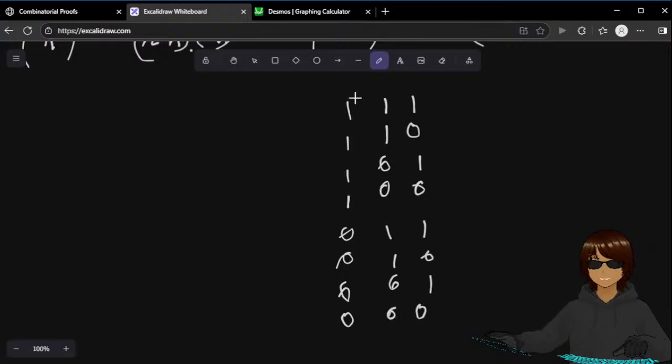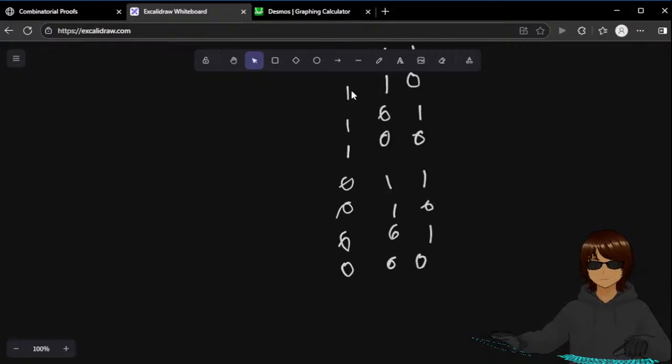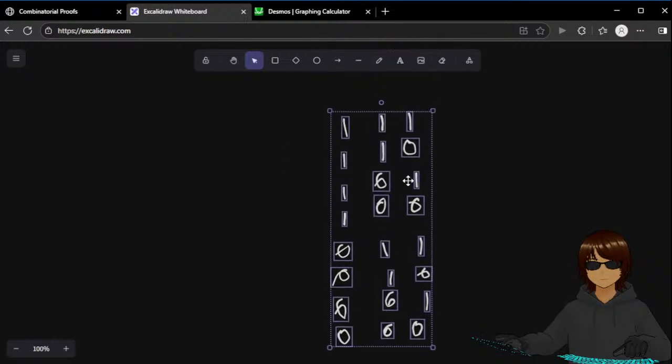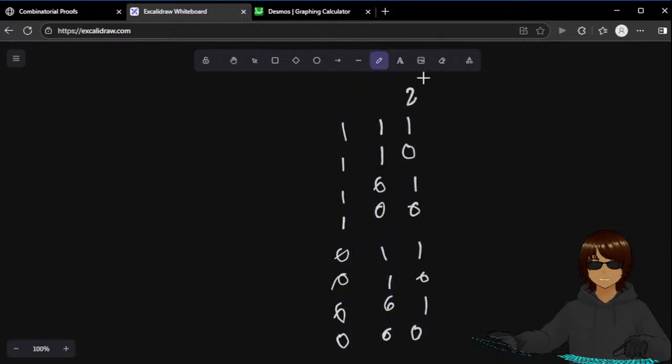Initially I had 2 to the power of 1, just 2 options, 1 and 0.